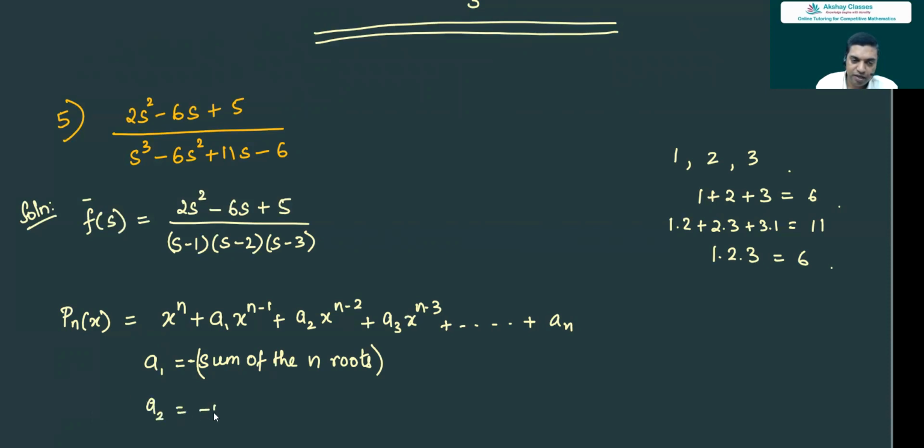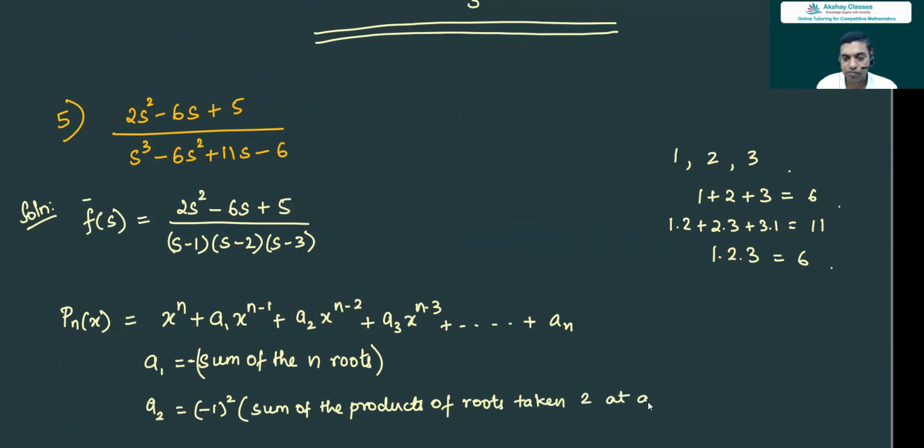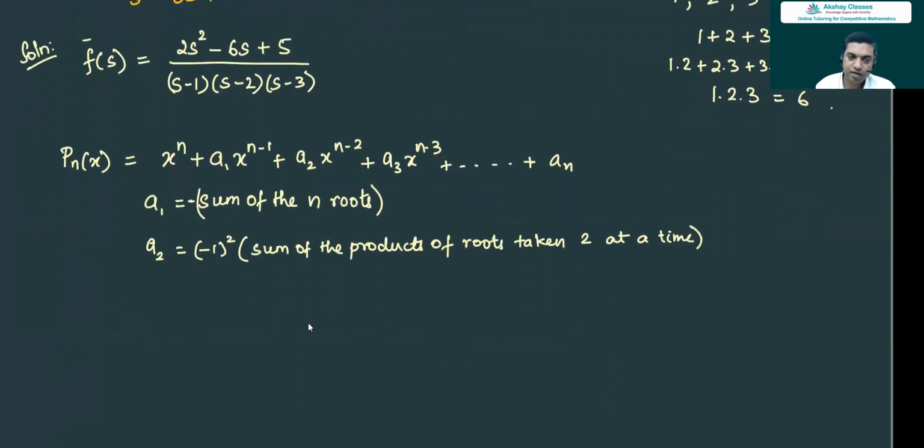A2 will be minus 1 the whole square, sum of the products of roots taken two at a time. A3 will be minus 1 the whole cube into sum of the products of the roots taken 3 at a time.